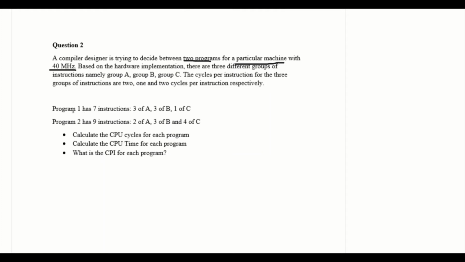First program has 7 instructions. So what to do here? In the previous exercise, we had a table. That way of table is clear for me, so I'm going to make a table.